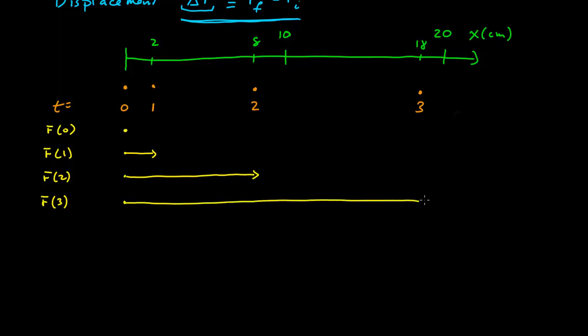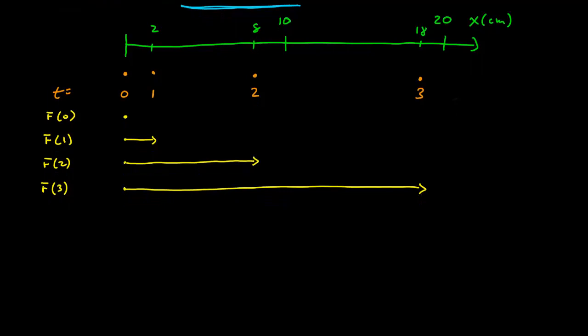And at 3 seconds, it was 18 centimeters, pointing in the positive x direction. So let's calculate some displacements. We get to choose two points in time. And so first, let our t initial equal 0 and t final equal 1.